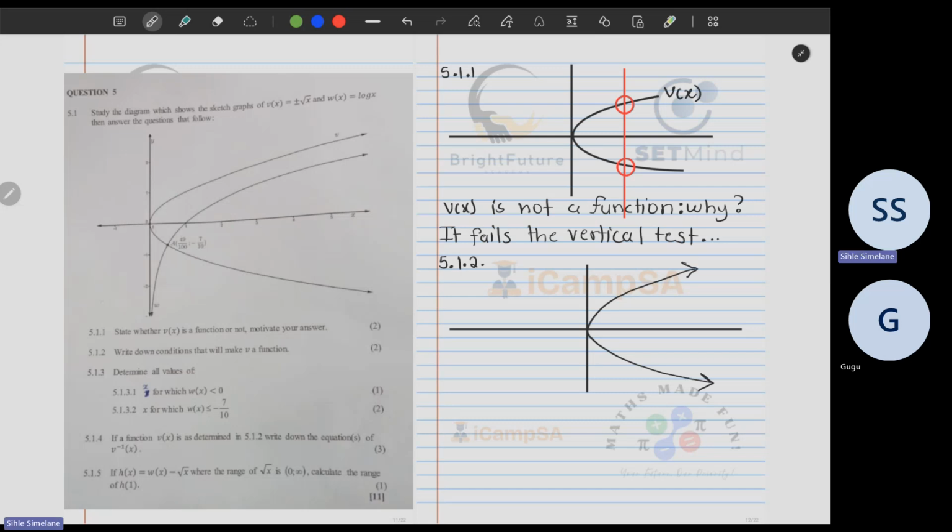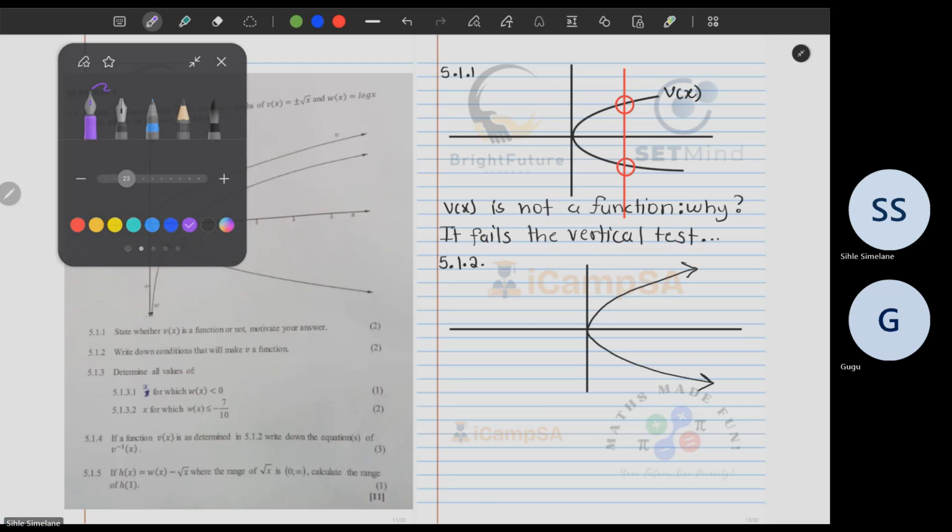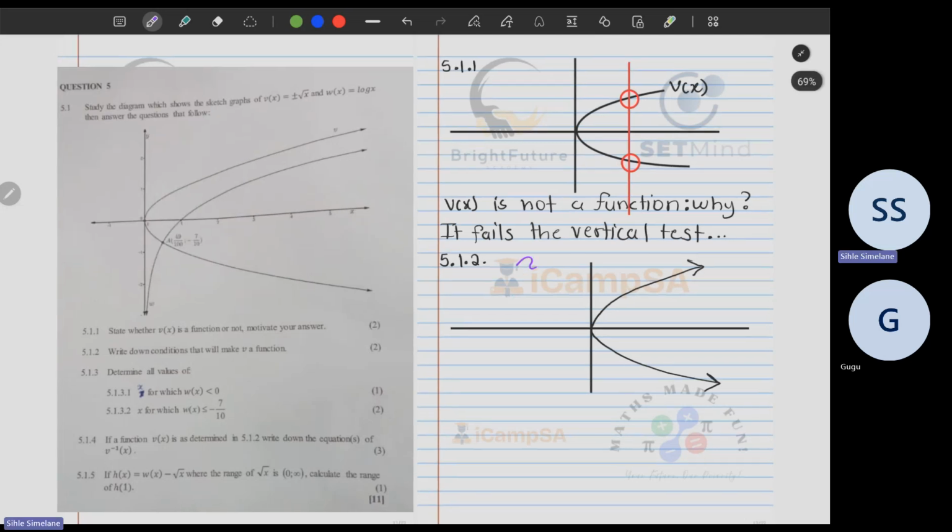We said when we were talking about making this a function, there's really two ways we can go about this. It's either we take the top part or we take the bottom part. Now, if you think about it carefully, I need you to think of the original function.